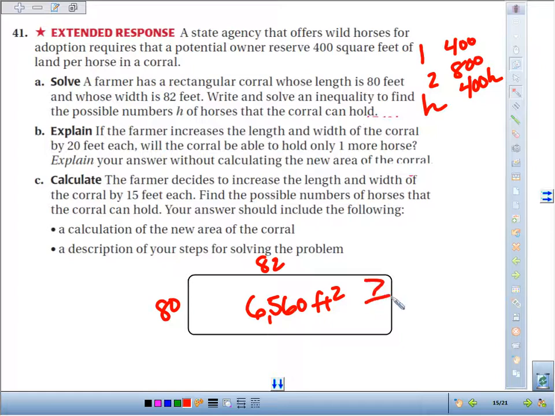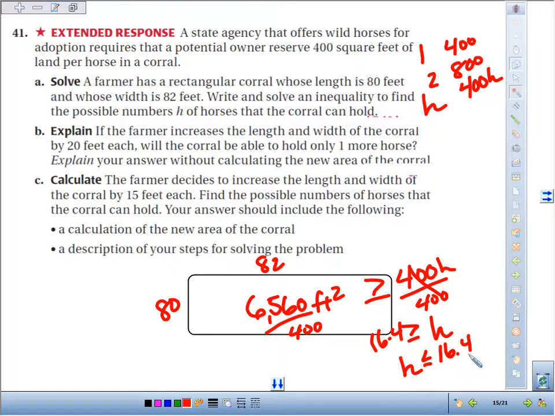That needs to be greater than or equal to how much area the horses actually need, which we found above, 400 times H. So if we solve, we divide by 400 on both sides, and we find out that the number of horses we can get, if we take 6,560 divided by 400, we get 16.4 is greater than or equal to H. Or another way to think about that, if you flip things around, the number of horses has to be less than or equal to 16.4.